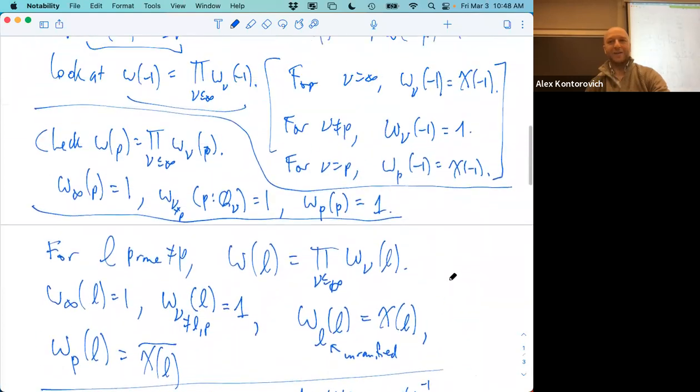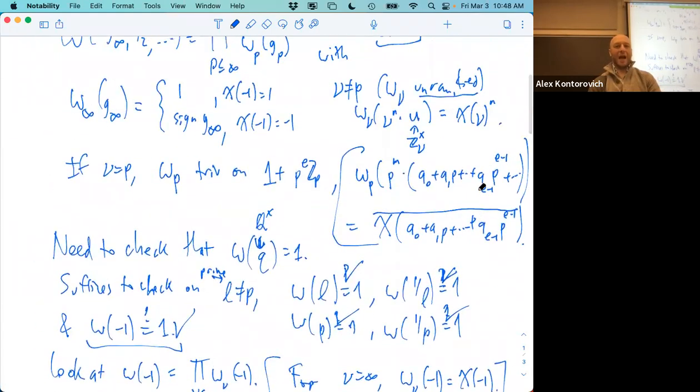Let's go back to what we said. How do we prove this? We said, well, at the ramified places, we are trivial on open sets around 1, with e being the smallest. To be the conductor, e is the least value for which you're trivial on sets of this form.